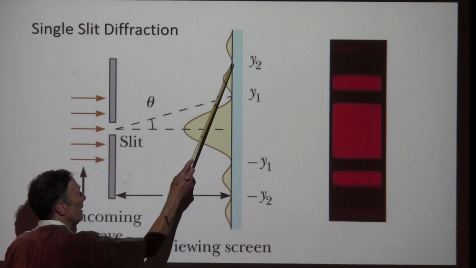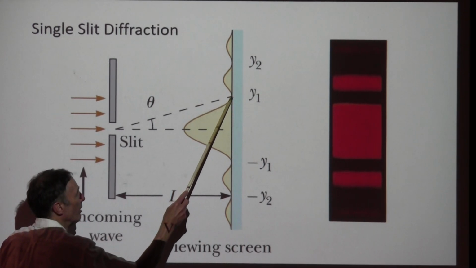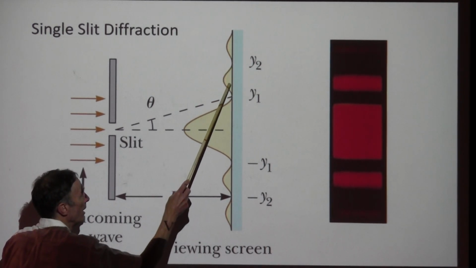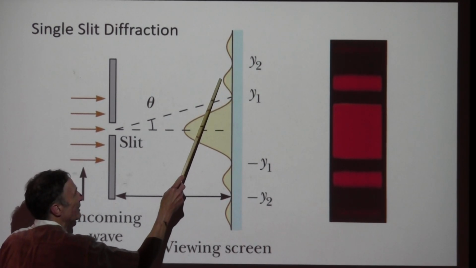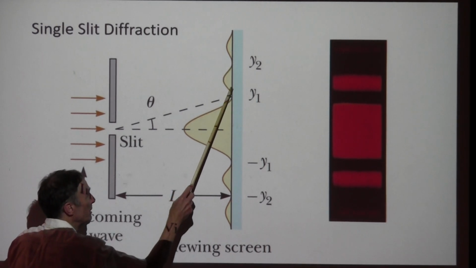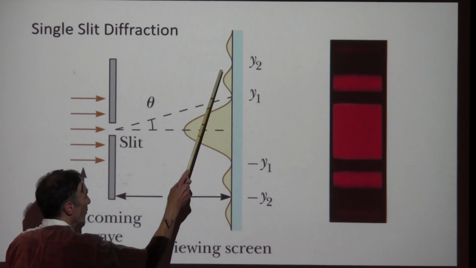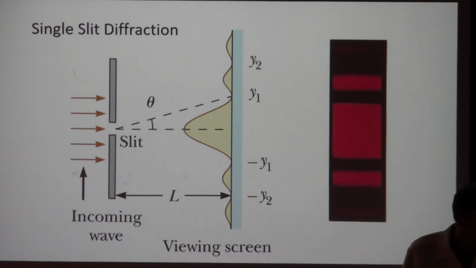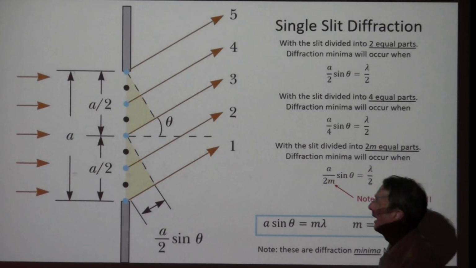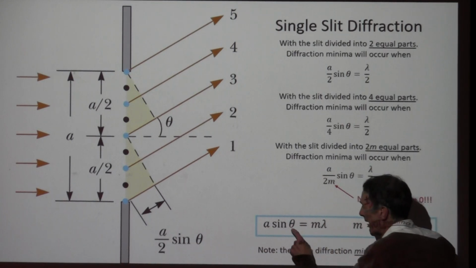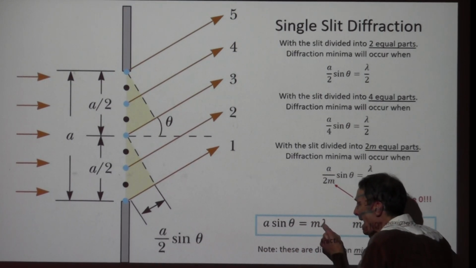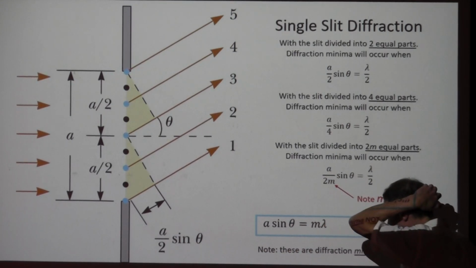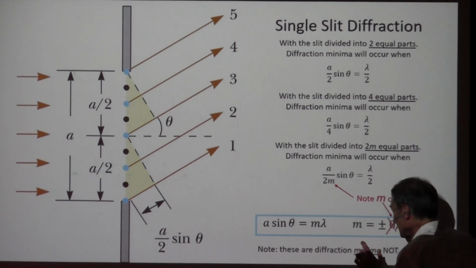You have some homework problems, and sometimes the author will do a shortcut. Well, where are the maxima? They're not strictly halfway between these two, so it's really not proper to say that you'll find the maxima at a sine theta equals m plus a half. You will see that in the book, and they don't explain it.